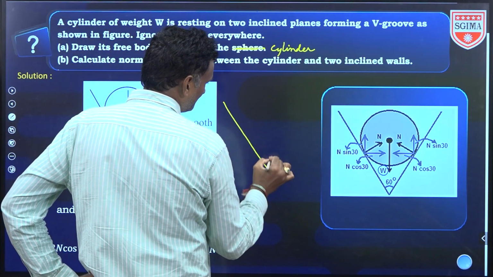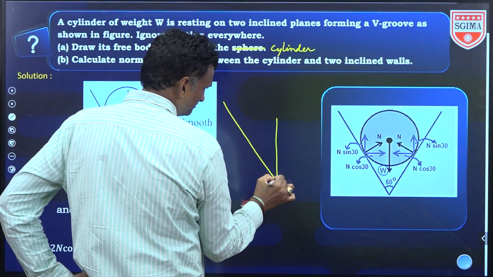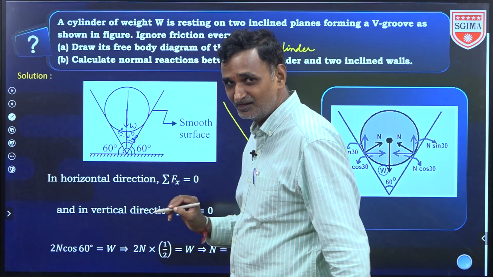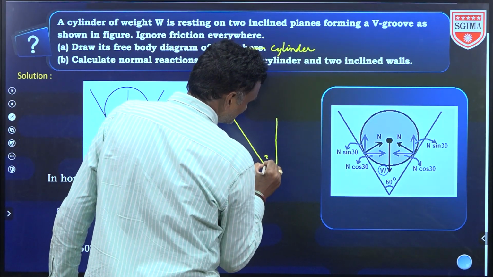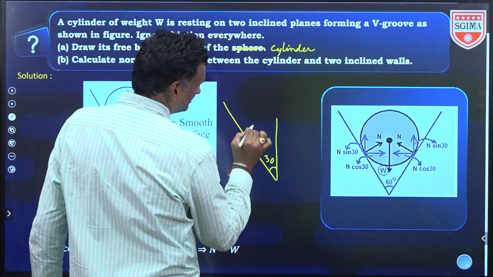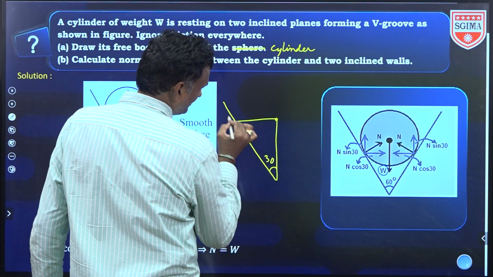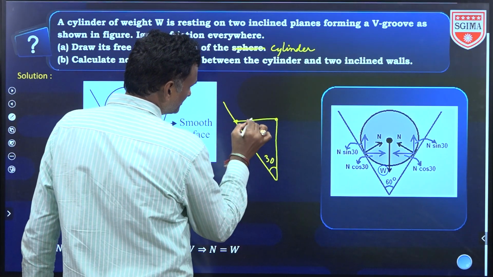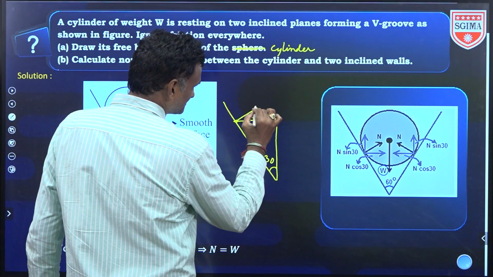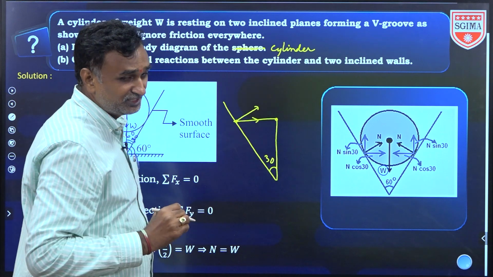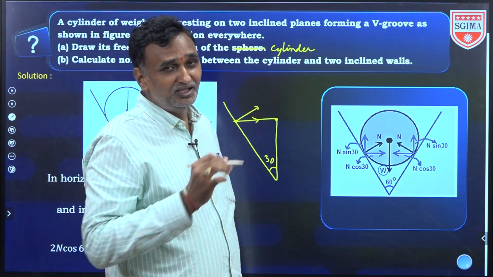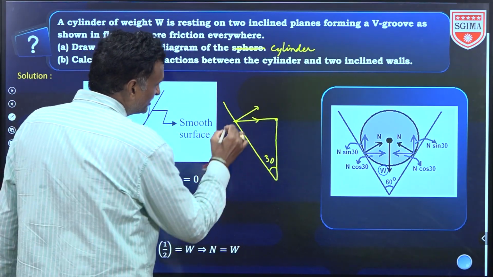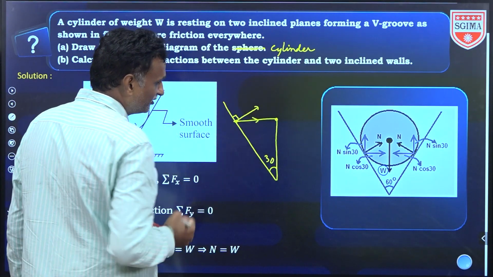It is an inclined plane and the weight W. Just now I told you this angle is the bisector angle, 30 degrees. This is the center of mass of the cylinder, and this is the horizontal direction. In which direction does the normal force act? Always perpendicular to the point of contact.